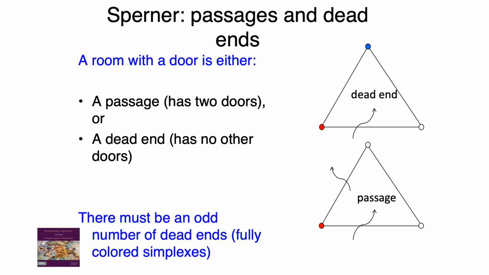Well, it's obvious when you have a triangle with three colors, right? You have one door, and you have the third vertex. One door is two vertices, white and red, and then you have a third vertex. It can have any of the three colors: white, red, or blue.